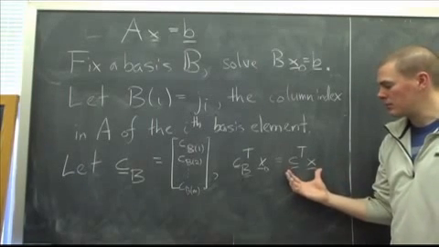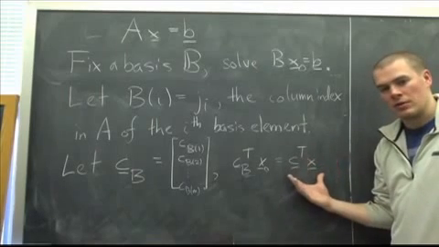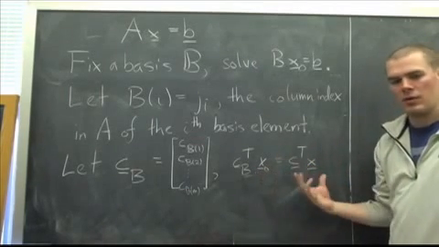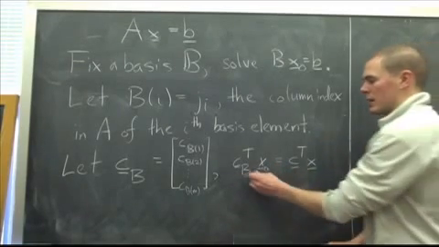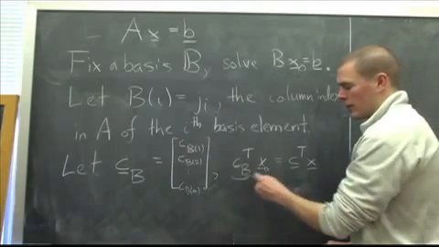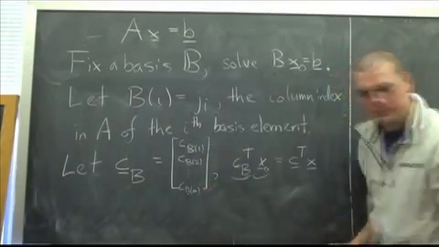Because the things that are missing over here, that exist over here, these things are all 0. Because all the xi's that are not in x0 have value 0. But it's important that x0 and c sub b, the order of the variables matter, because it corresponds to the order of our basis.